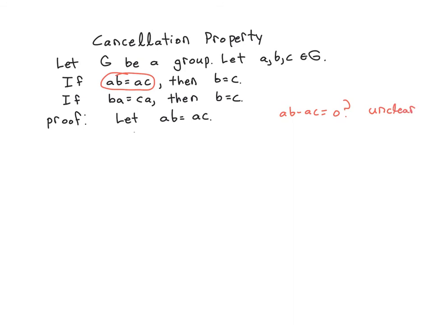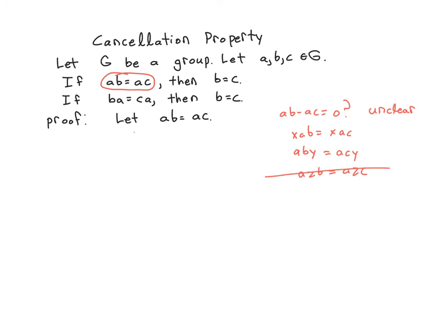We only have multiplication and inverses. So the only thing we can do to both sides of the equation is multiply both sides on the left by something, or multiply both sides on the right by something. And note, when you're assuming that multiplication is not commutative, order actually matters. So on the left or on the right, and you do pay attention. You cannot actually do something like putting a z in the middle. That's forbidden.